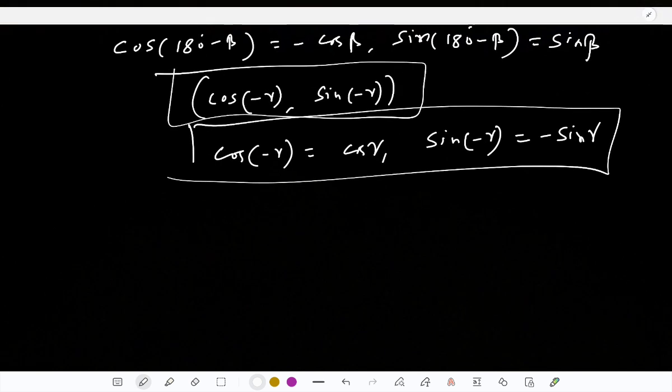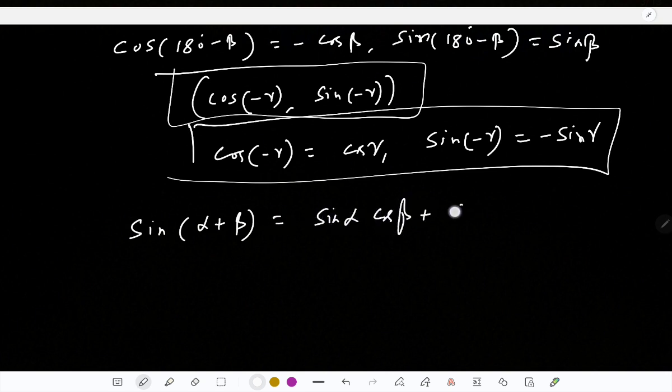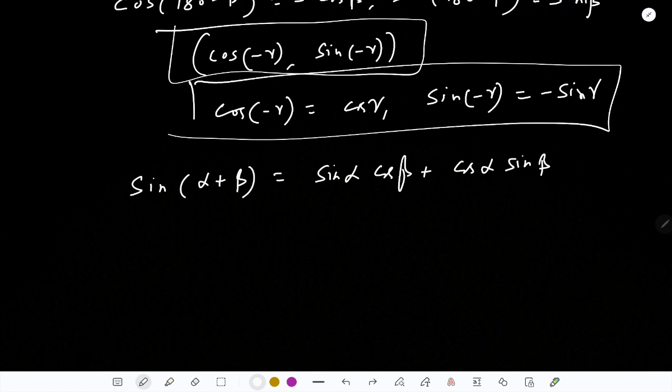And then since you have the results like sine alpha plus beta equals sine alpha cos beta plus cos alpha sine beta, and if you want to find sine alpha minus beta, you can write it as sine alpha plus minus beta.